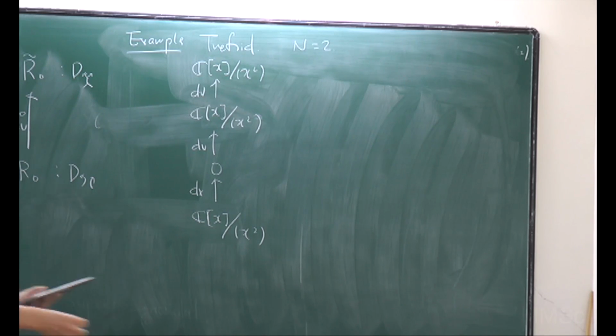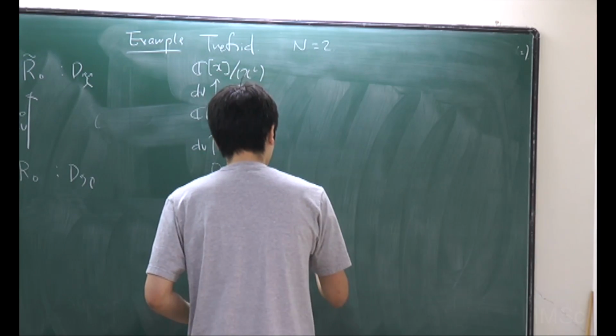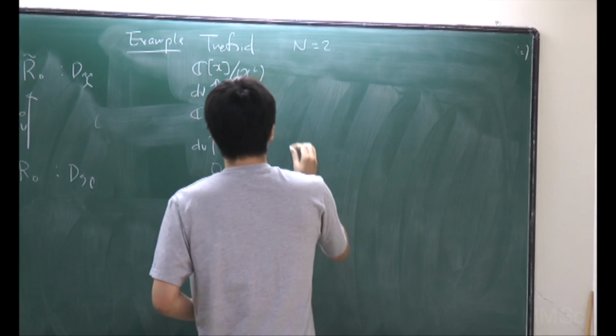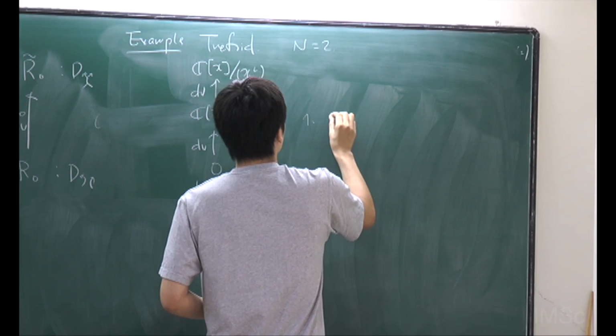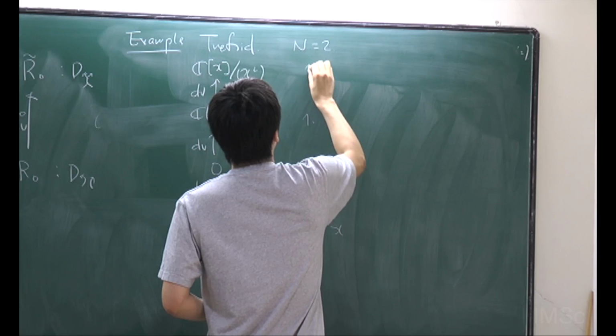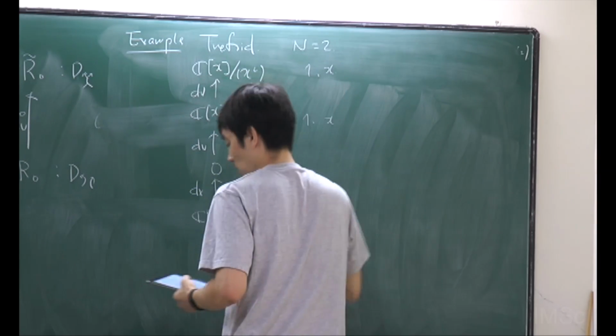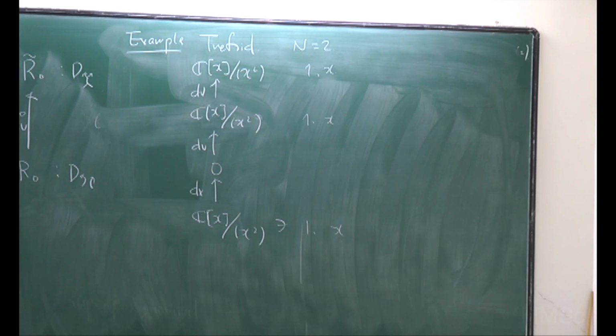It has generators 1 and x. Sorry, I told you wrong. This is x plus 1. Sorry, x to the n plus 1.